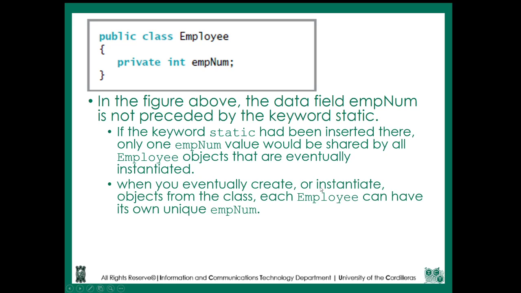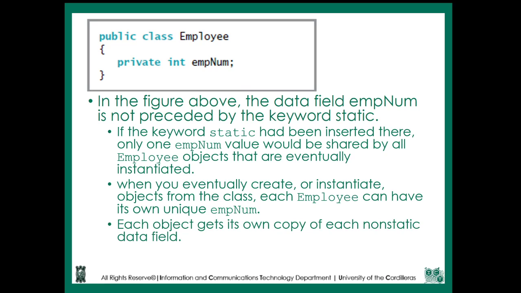When you eventually create or instantiate objects from the class, each employee can have its own unique employee number, and each object gets its own copy of each non-static data field. Here is an example of a non-static data field. Non-static means you can also give another value for employee number.